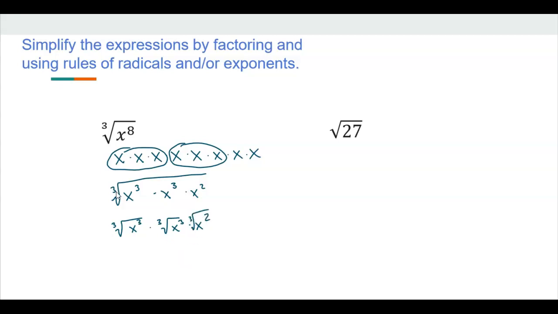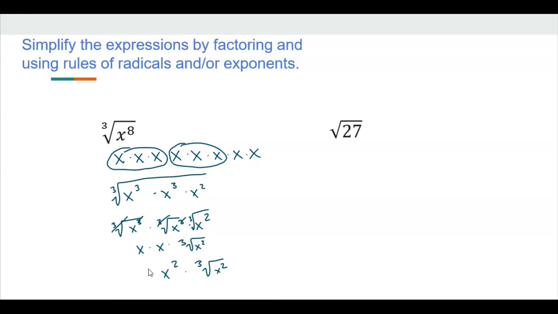We distributed the radical over each expression. This cube root will cancel, this cube root will cancel, and we get x times x times cube root x squared. X times x is x squared. So finally we get x squared times the cube root of x squared.